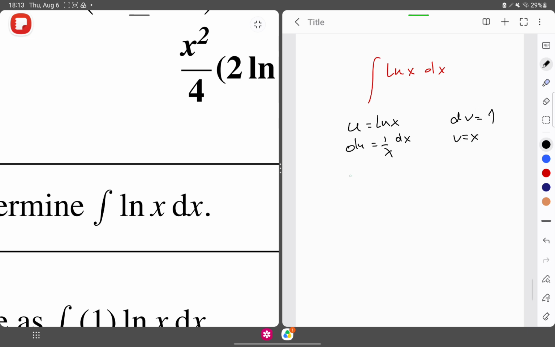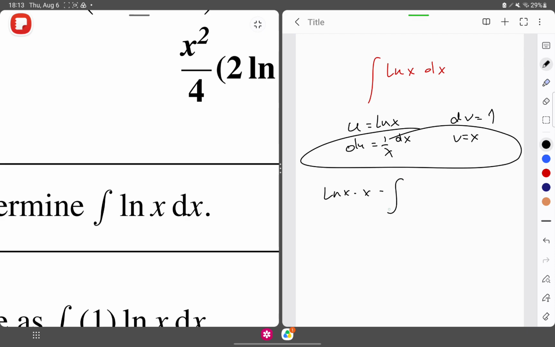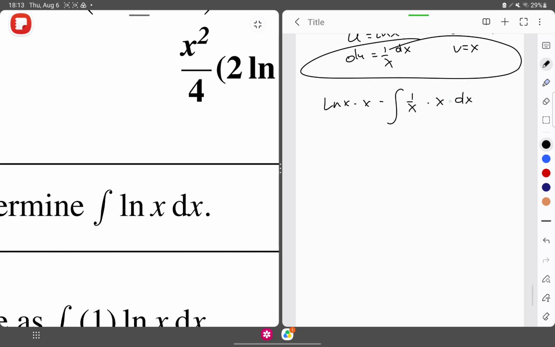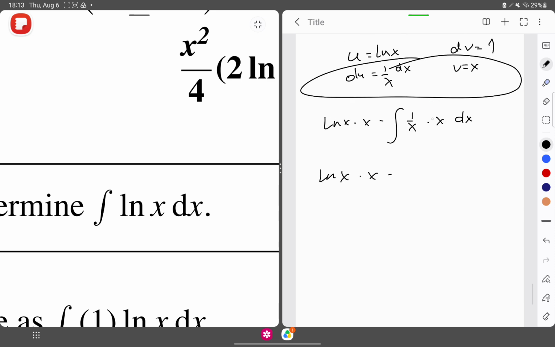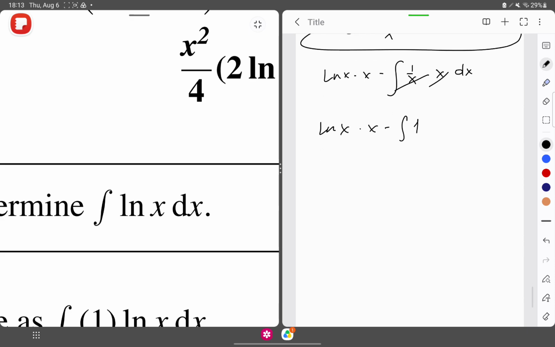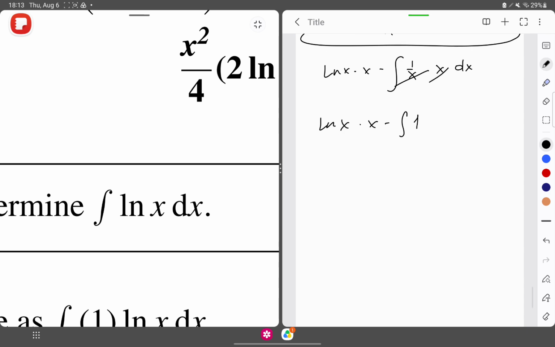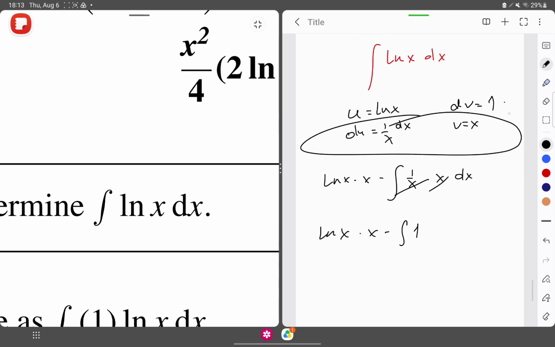According to our formula, it's uv, ln x times x, minus the integral of 1 over x times x dx. The x's cancel each other, so it's the integral of 1, which is x. That was a mistake I made.